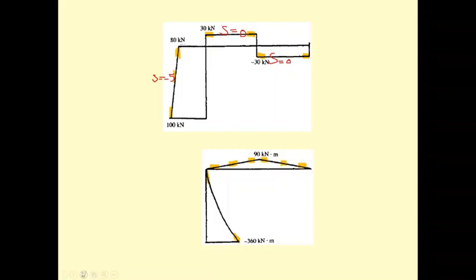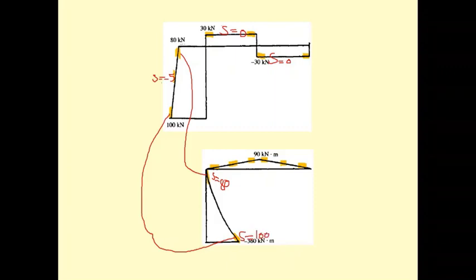And if you look at the link, you may see the 100, the shear is going to be the slope here, and also the shear is going to be the slope here. You can say S equals 80. This S is going to be equal to 100.